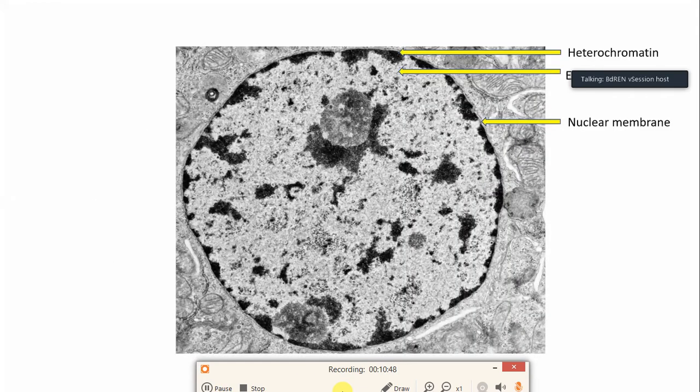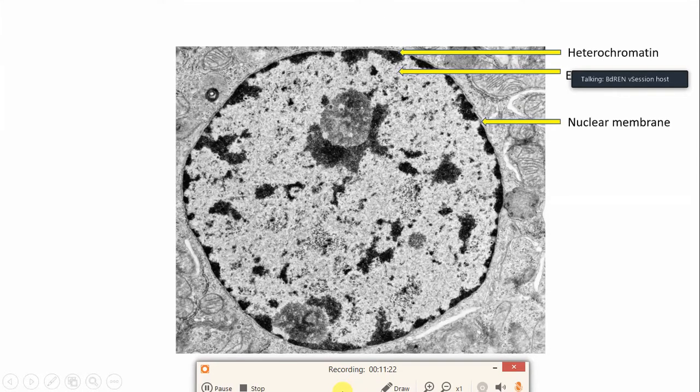In the picture, if we look at the cell, we can find the mitochondria on the side, the nucleolus, the chromosomal materials, and the nuclear membrane. Inside the nucleus you can find mainly two types of material.